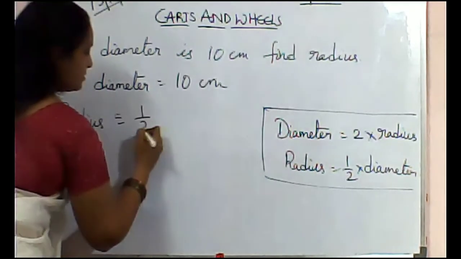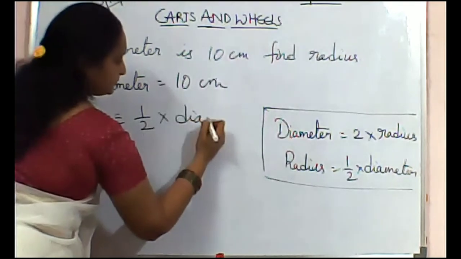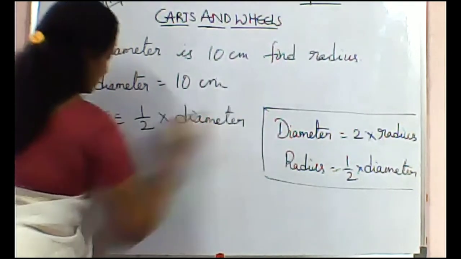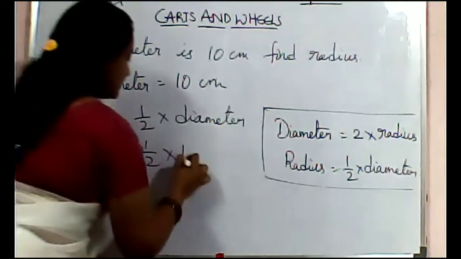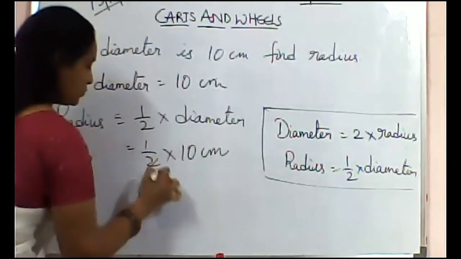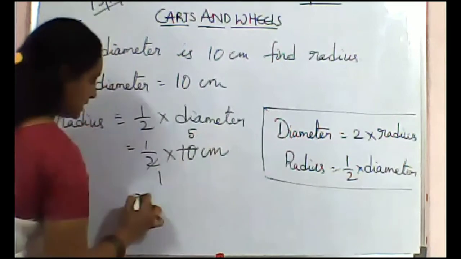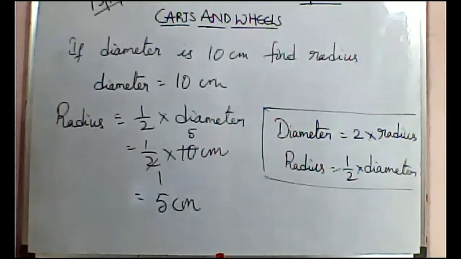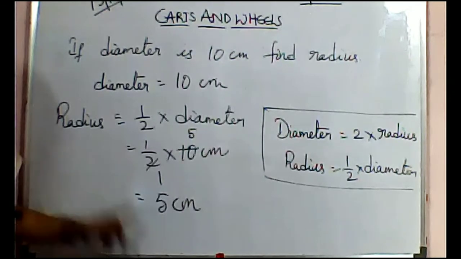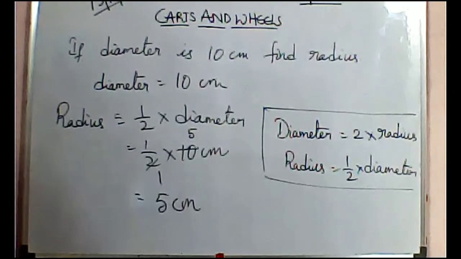Radius equals half into diameter. So half into how much we have the diameter? 10 centimeters. So 2 ones are how many times it will go? 5 times. Sorry, the radius is 5 centimeters.